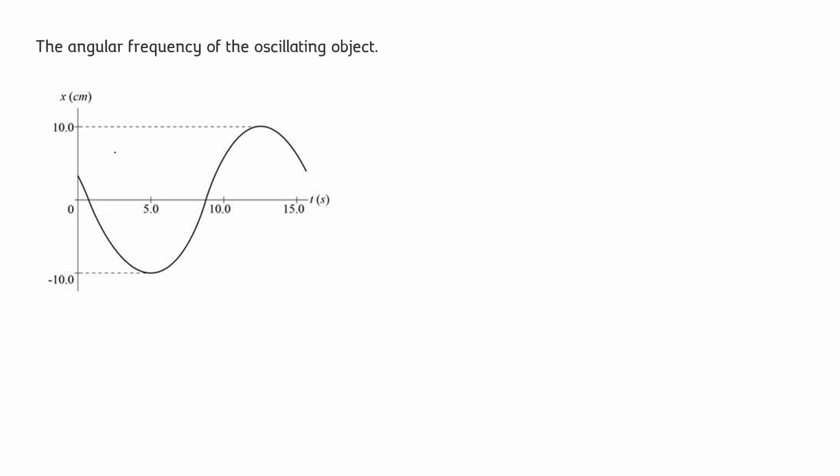Now let's move forward. Here we have to calculate the angular frequency of oscillation. As we discussed, first of all we will calculate the total angular displacement while completing one oscillation. Let's compare it with circular motion.